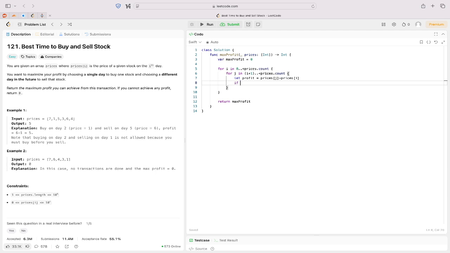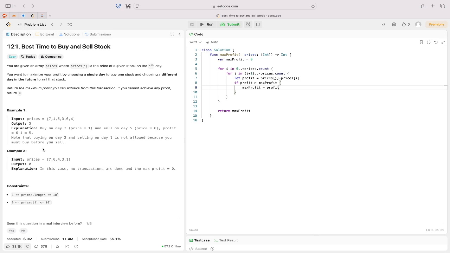So like this, if profit is greater than our max profit, then we just assign our profit to our max profit. And that should be it. So we're doing two for loops, so time complexity is going to be n squared for sure.